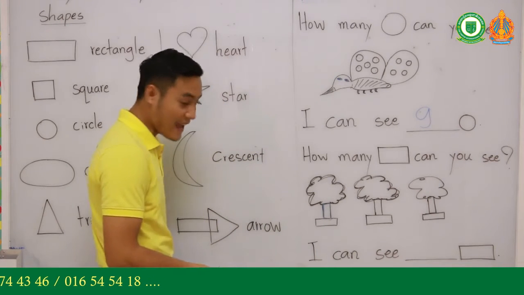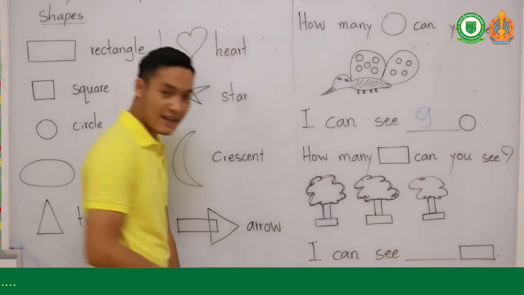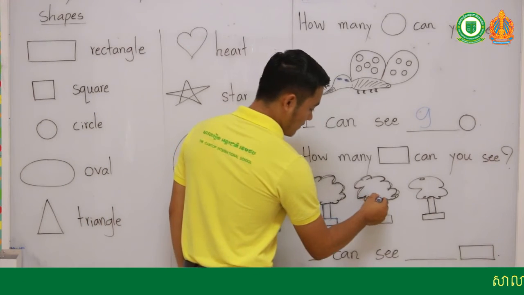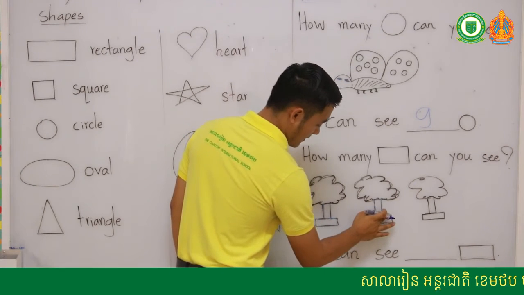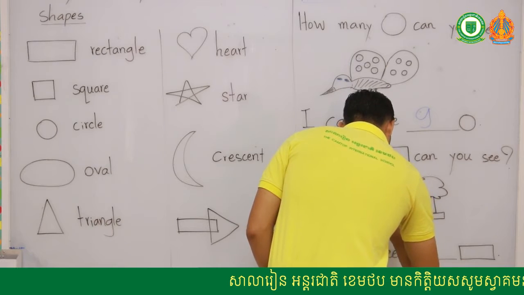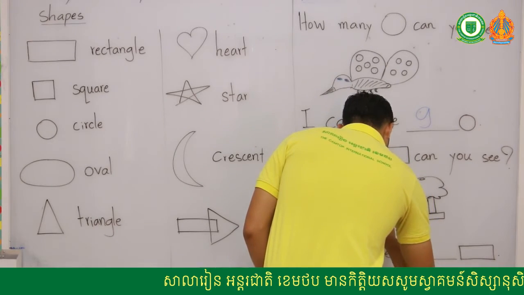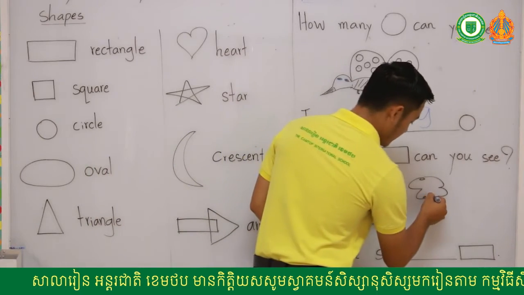Is it a rectangle? Yes. This one is a rectangle? Yes. Okay. This one a rectangle? Yes. And this one, I'm sorry. And this one is a rectangle? Yes. And this one? Yes.